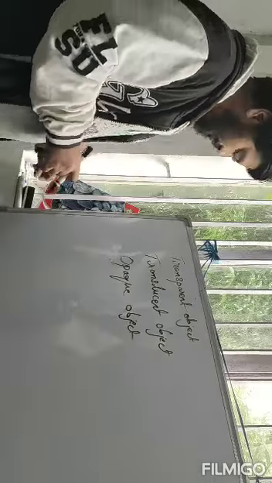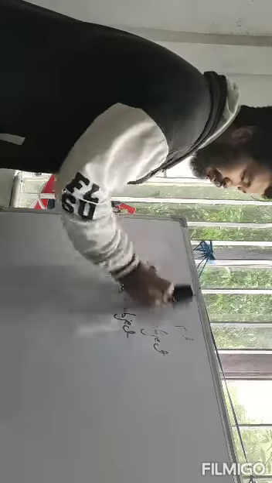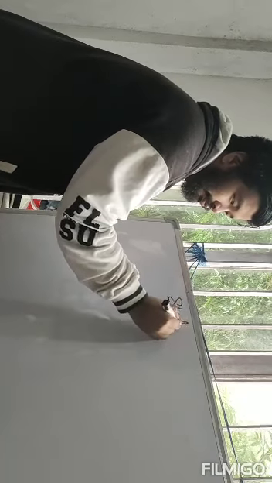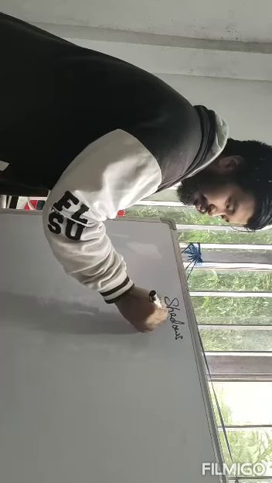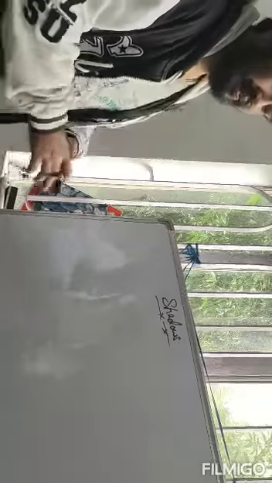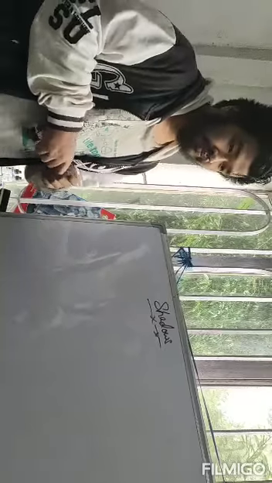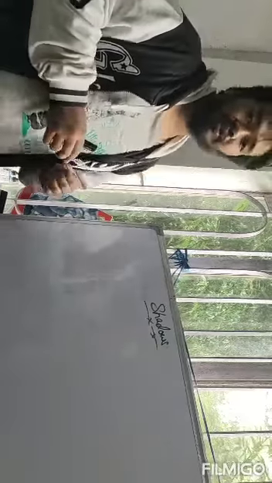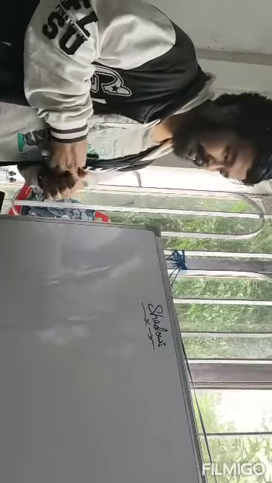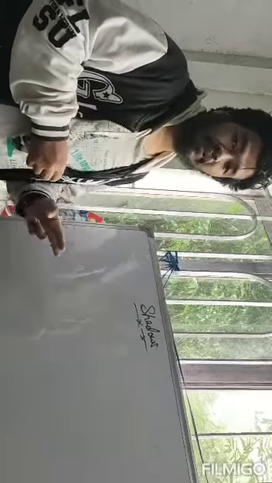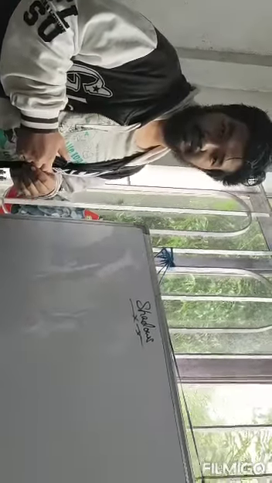Then the next thing which we are discussing will be shadows. Everyone is familiar with the term shadows. In order for shadows to form, we need some very important things. First of all, we must know that shadows can only be formed with opaque objects.